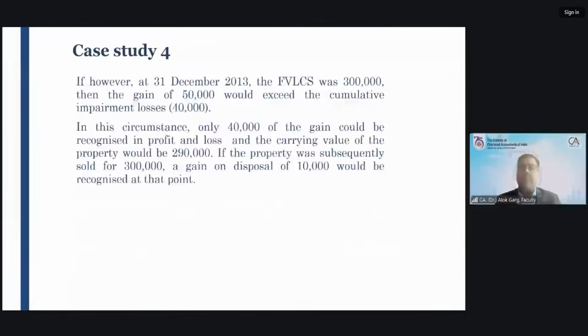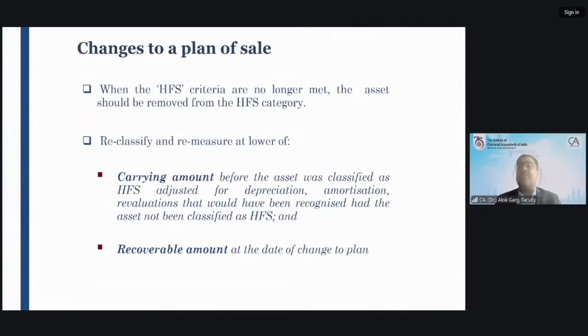Then we discussed the concept of changes to a plan of sale. We discussed what are the situations when there is a change to a plan of sale, right? And we discussed that whenever there is a change in plan of sale, on the date of change, the asset has to be reclassified and remeasured at lower of computed carrying amount and recoverable amount. What is meant by computed carrying amount?